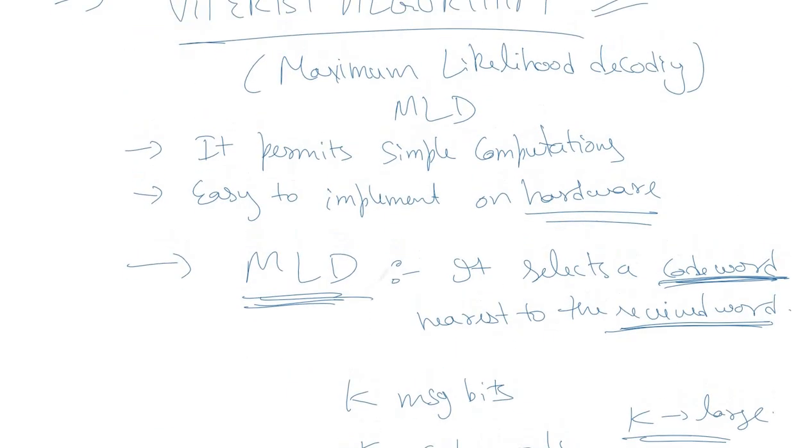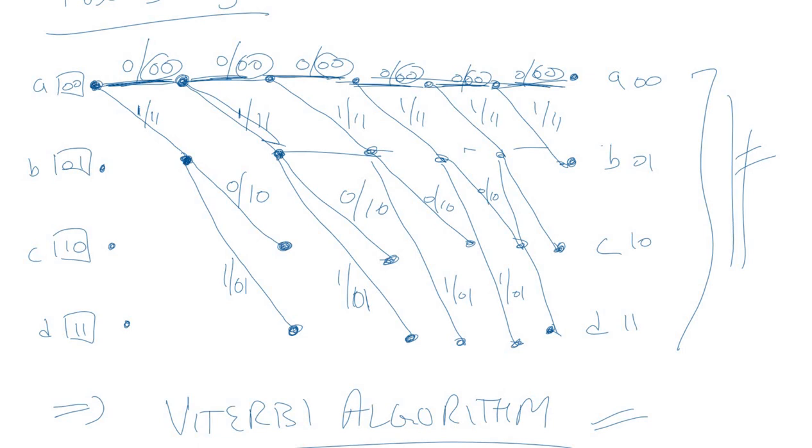That means if we are able to draw the trellis diagram and we have the received bit sequence, we will compare that received bit sequence with the best possible path whose Hamming distance is least when compared with the code word. We'll have a look at it with the help of an example that will give you a very clear idea of what this Viterbi algorithm is.